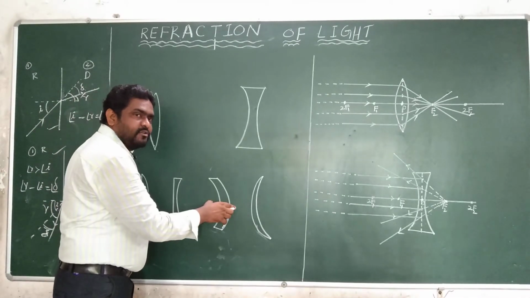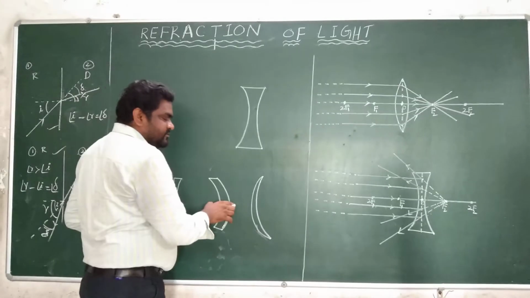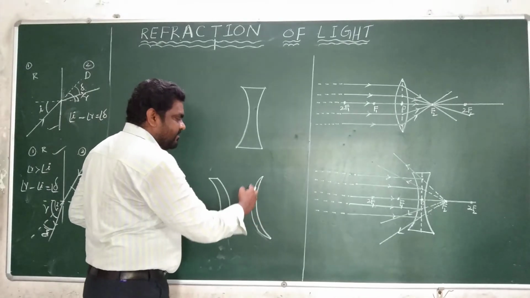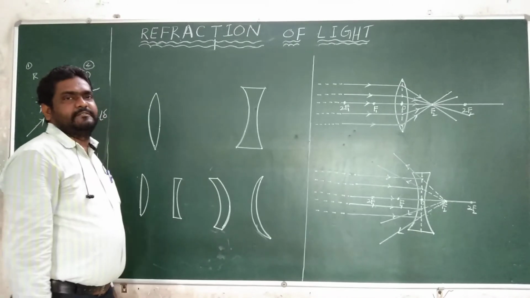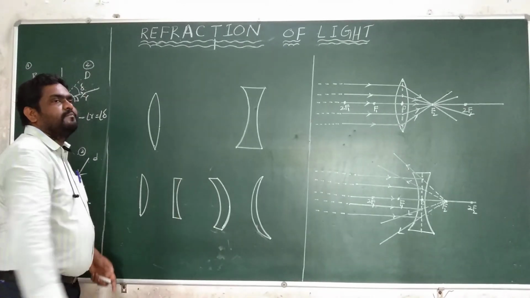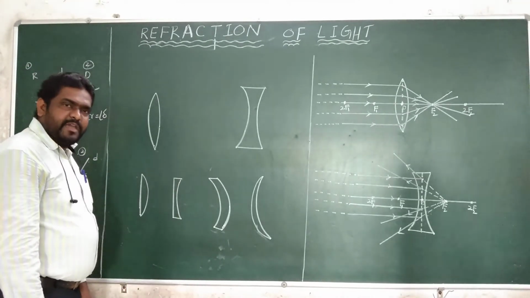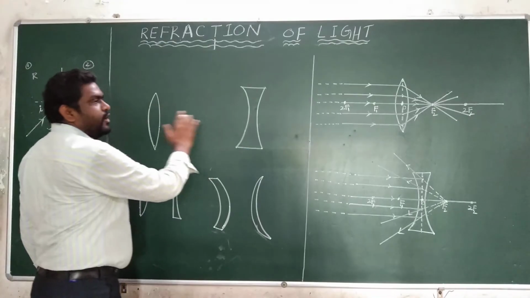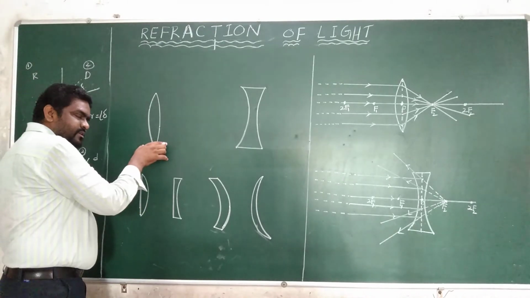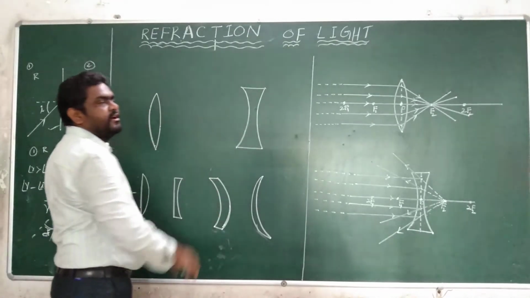This is the convexo-concave lens. This is concave and convex, the concavo-convex lens. These are the different kinds of lenses, but mainly we are using these two, convex and concave, which we call biconvex and biconcave.